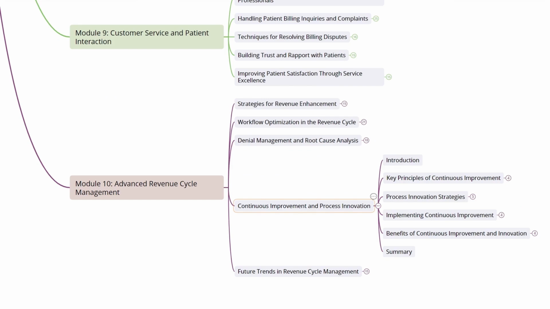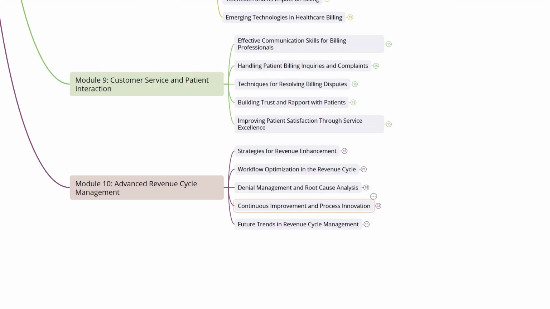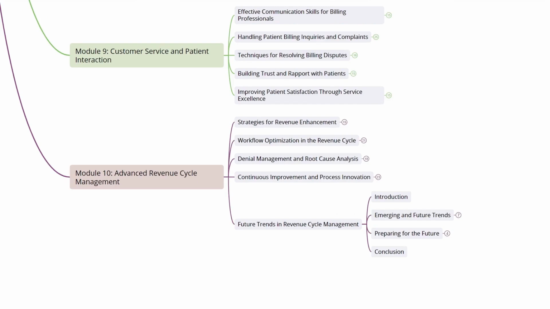Next, continuous improvement and process innovations. Healthcare revenue management is dynamic. Embracing a culture of ongoing assessment, process refinement, and adopting new technologies ensures resilience and sustained performance. Next, future trends in revenue cycle management.